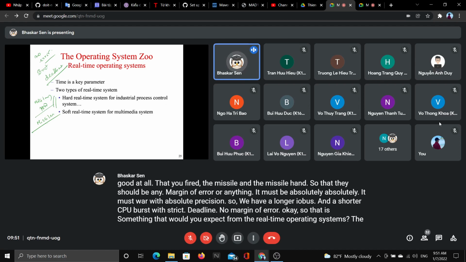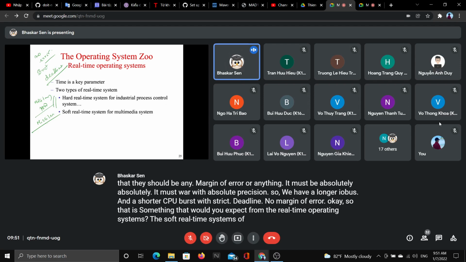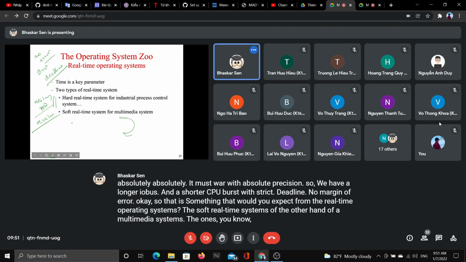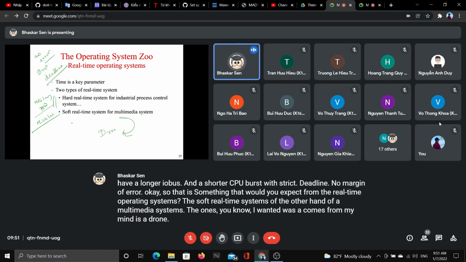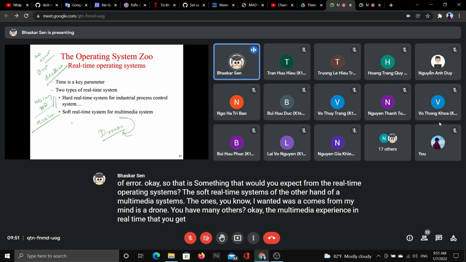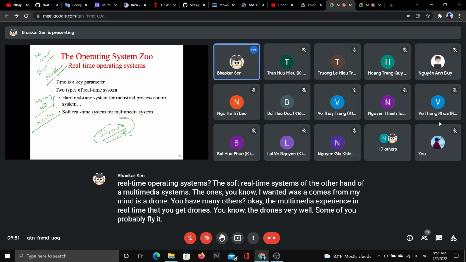The soft real-time systems, on the other hand, or multimedia systems, are the ones where one example that comes to my mind is the drone. You have many others. Look at the multimedia experience in real time that you get. You know the drones very well. Some of you probably fly them on a playground, over a landscape, on a water body.